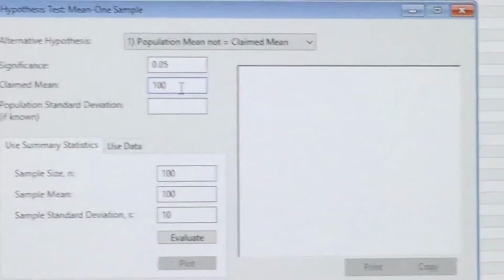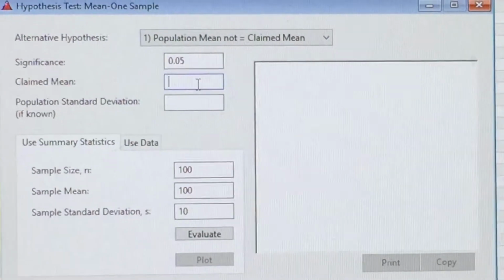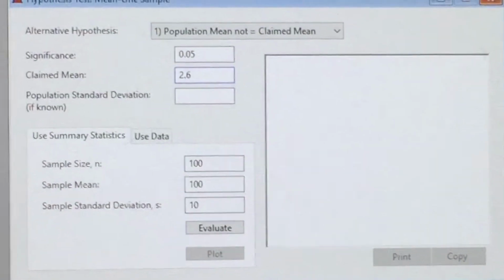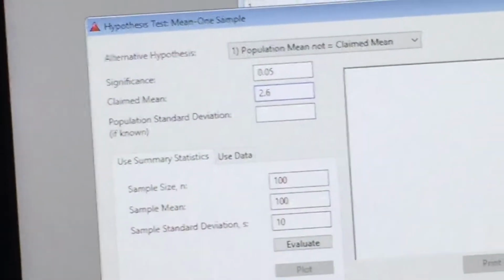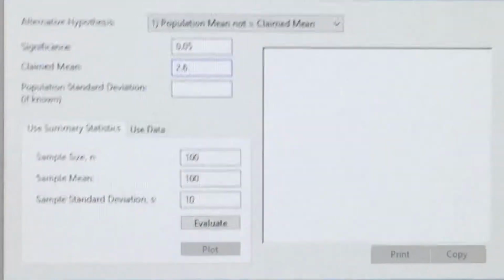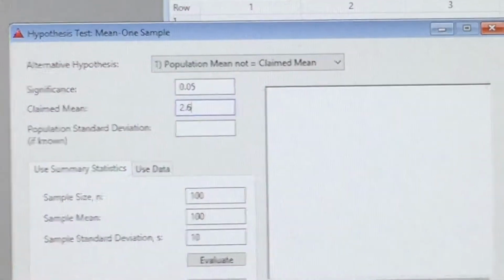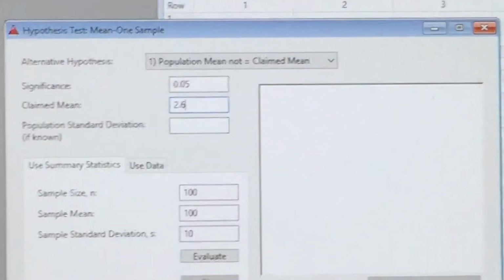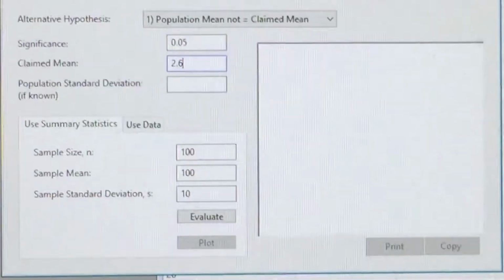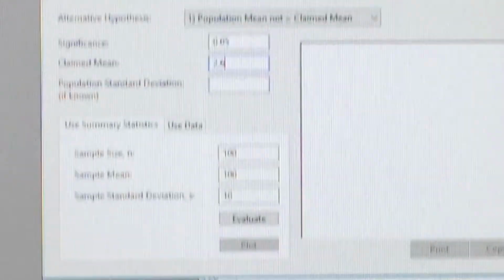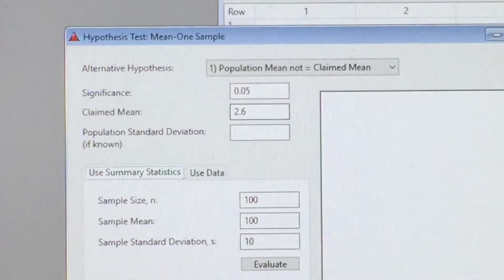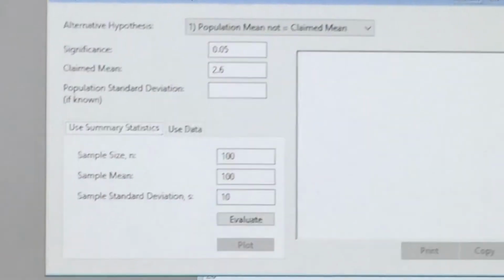The claimed mean is 2.6 grams because our claim states that the sample is from a population with a mean equal to 2.6 grams. So that's your claimed mean. The population standard deviation, again, is unknown, so we're going to leave that blank. Now I'm going to go down to the sample size.